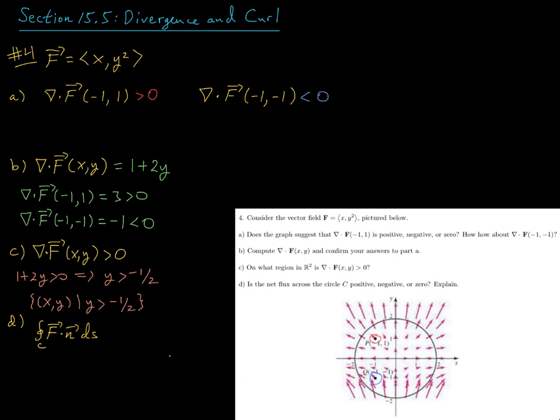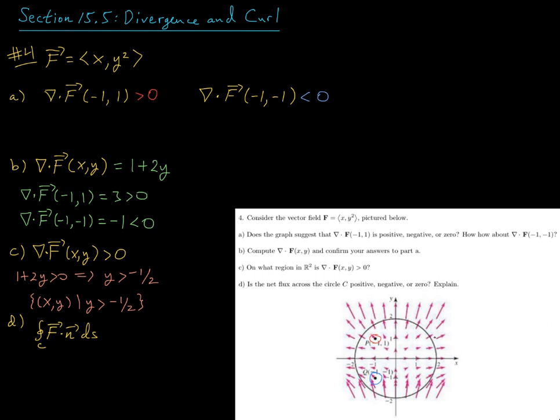Lastly, here we have D. Is the net flux across the circle C positive, negative, or 0? Explain. Looking at the picture, the flux is measuring the normal components of our vector field as we move along this circle of radius 2 centered at the origin, and the integral is summing those normal components.